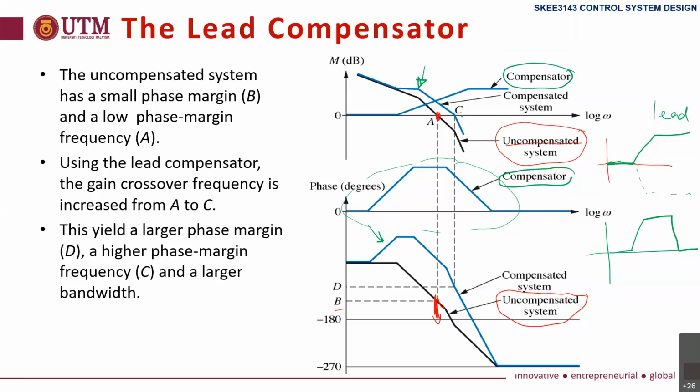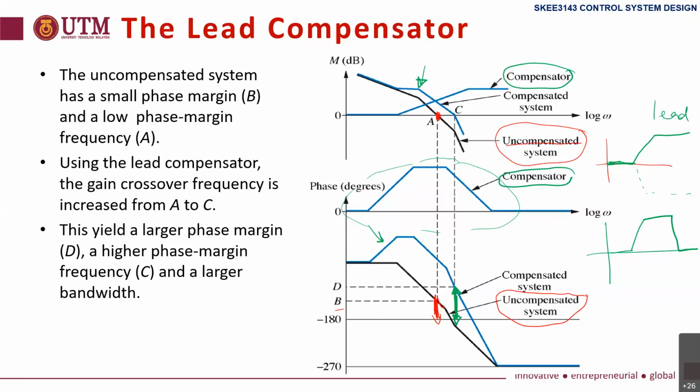Then we achieve one of the requirements, which is to increase the gain crossover frequency from A to C. Here is the new phase margin, in which we increase from B to D. When we increase the phase margin, we can reduce overshoot.